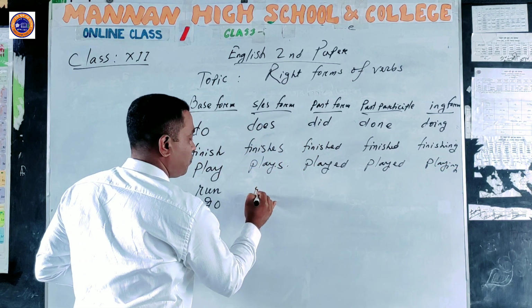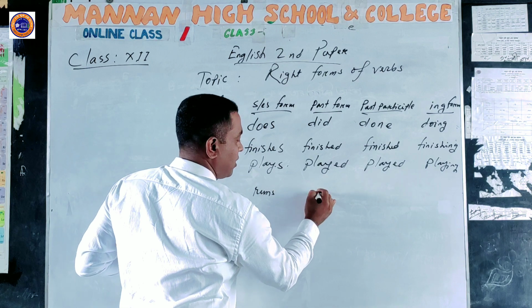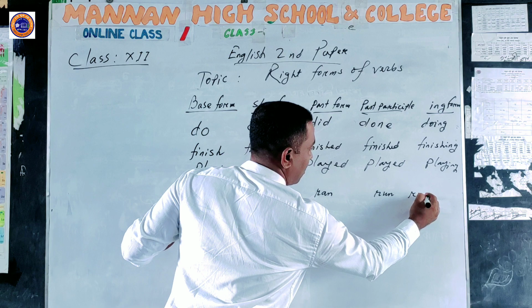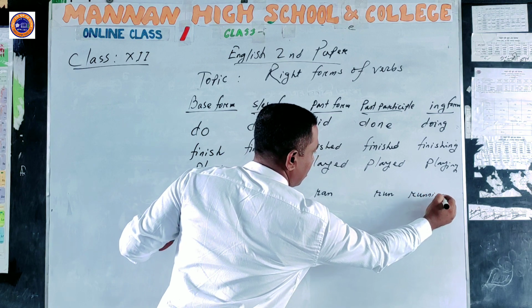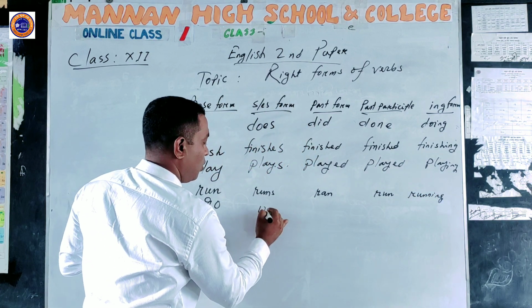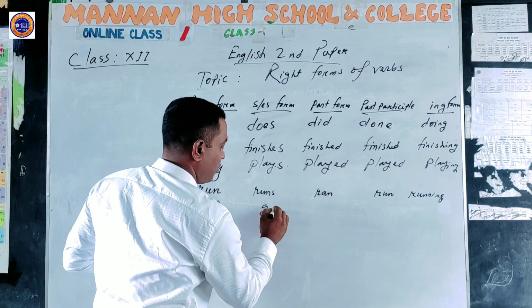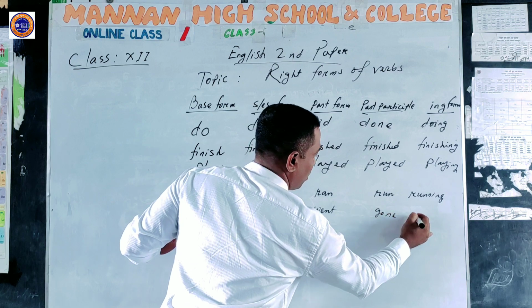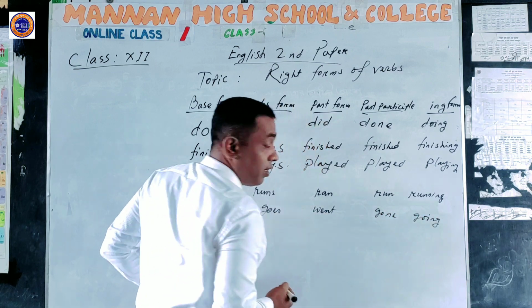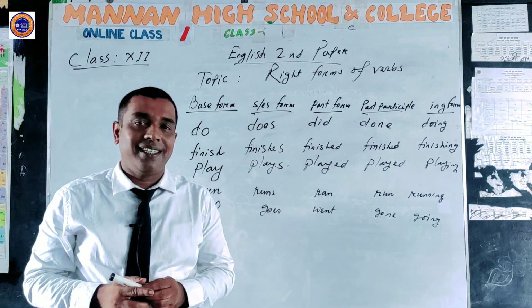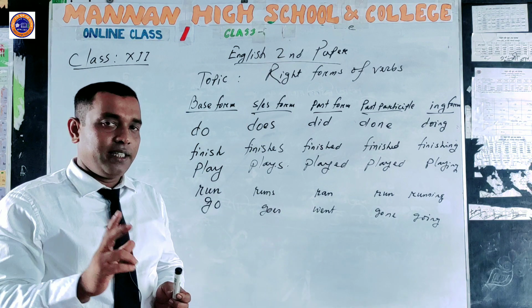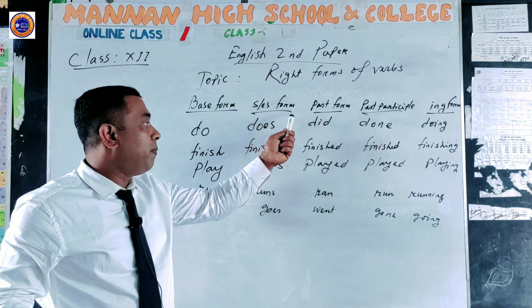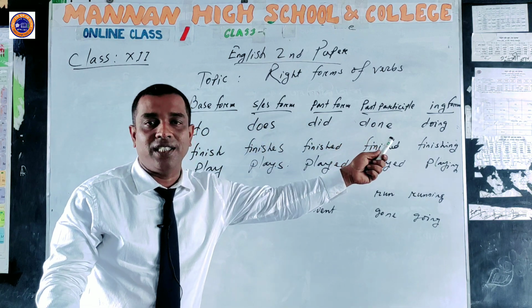Run, runs, ran, run, running. Go, goes, went, gone, going. So you must understand that a verb may have 5 forms, that is the base form, S or ES form, past form, past participle form, and ing form.